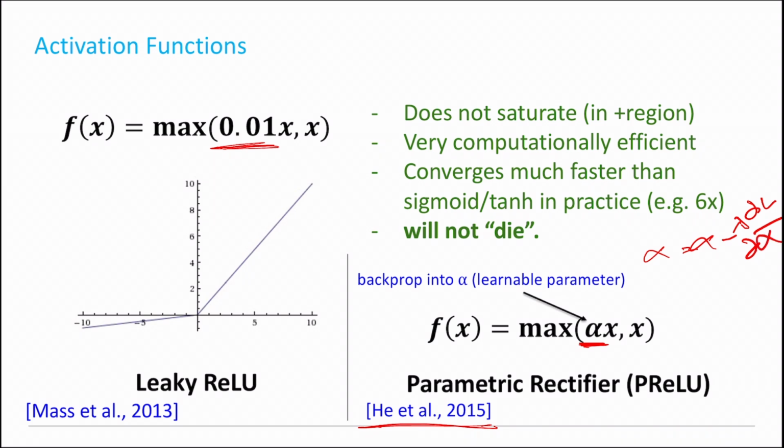So we actually backpropagate into this alpha and train it. So instead of hard coding it, we say, okay, let's make it a trainable parameter and let's just backprop into alpha and train it. Kaiming He came up with this in 2015, and the advantage is the same as leaky ReLU, just that it's parameterized and maybe it can learn a better parameter, but I've not seen people use this in practice too much. And it's called PReLU.